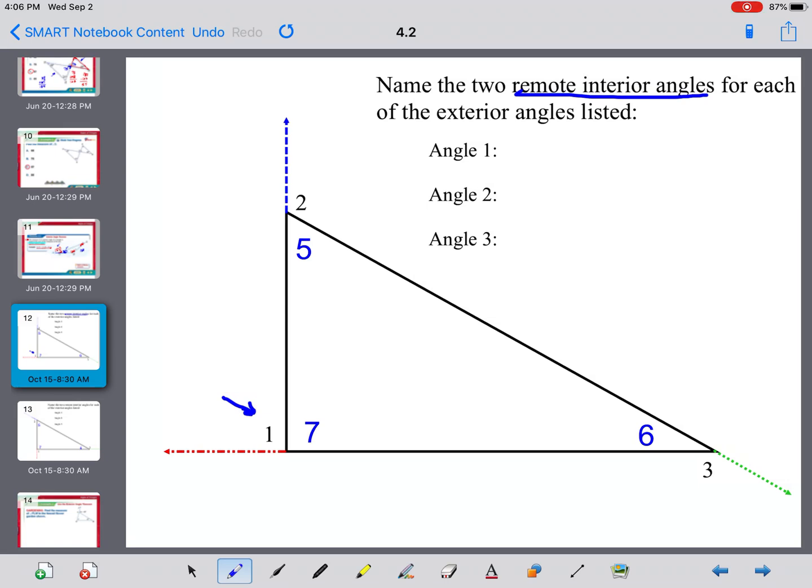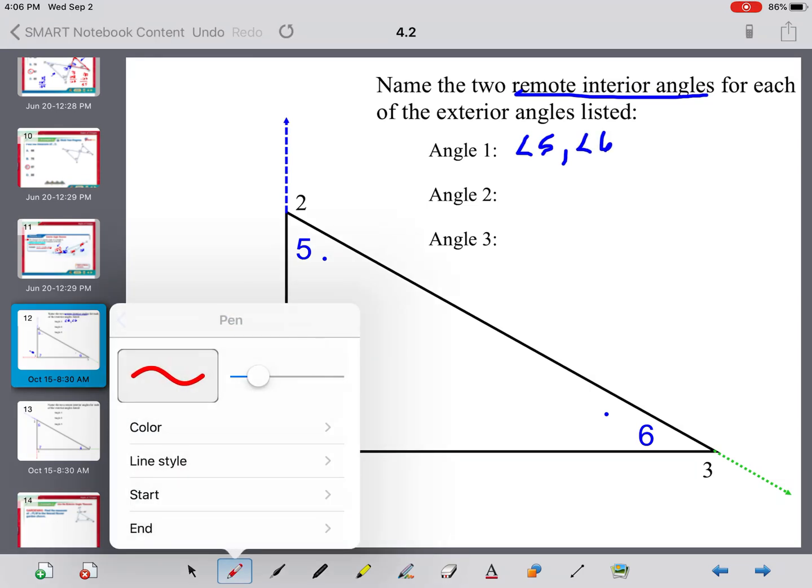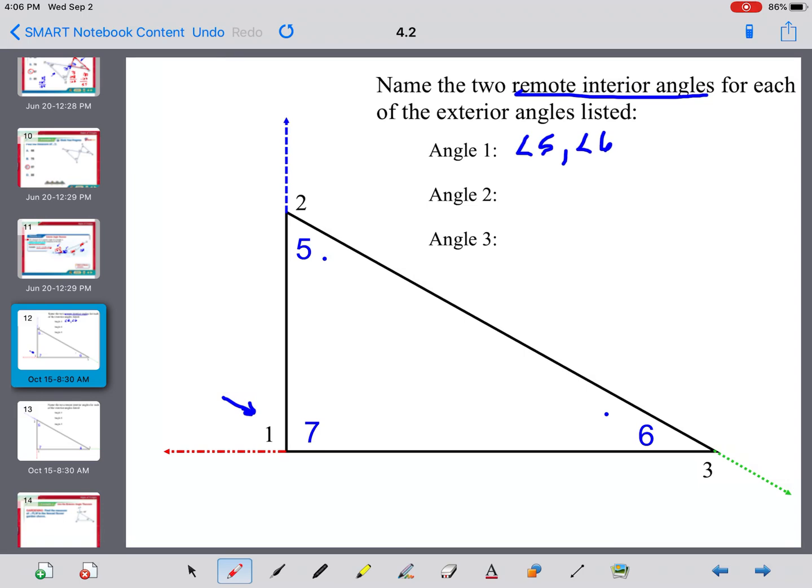So we need to get this remote interior angle stuff locked into our brains. Let's look at angle 1, which is this one. I say, name the two remote interior angles. Well, when you're looking at angle 1, remote interiors are 5 and 6. So angle 5 and angle 6.